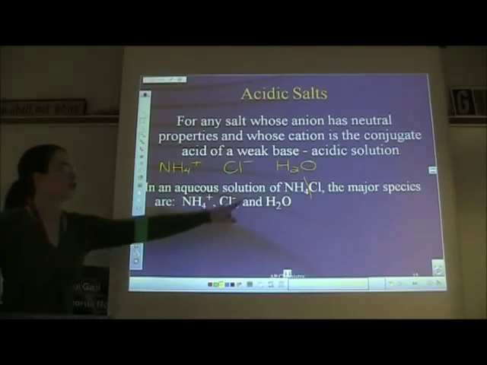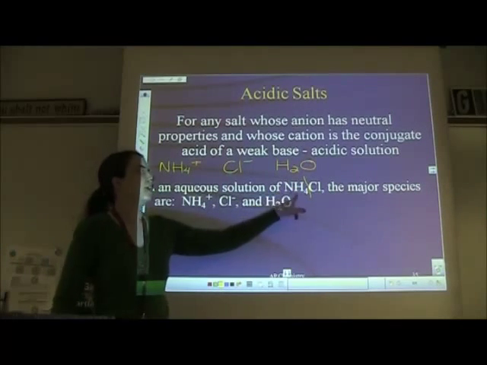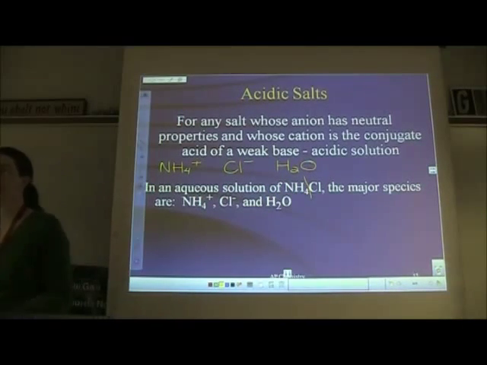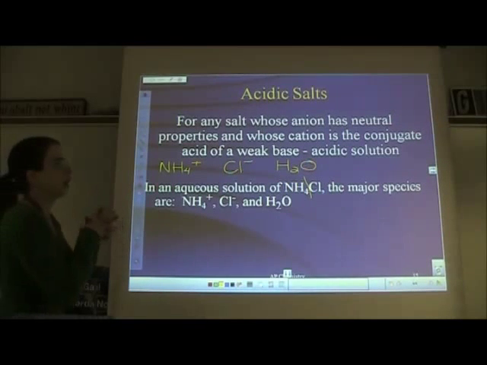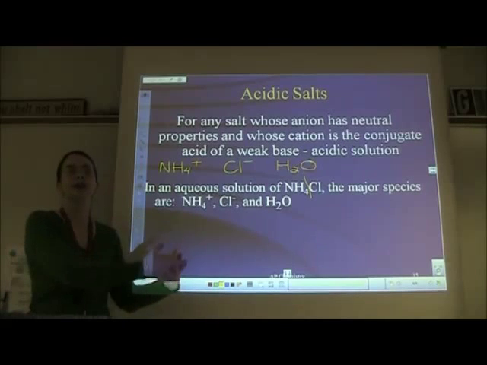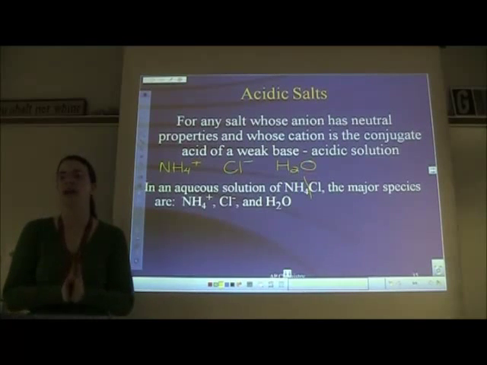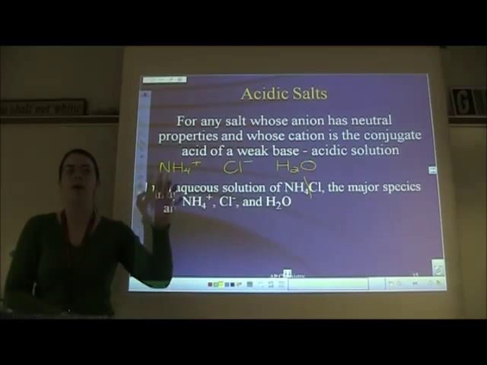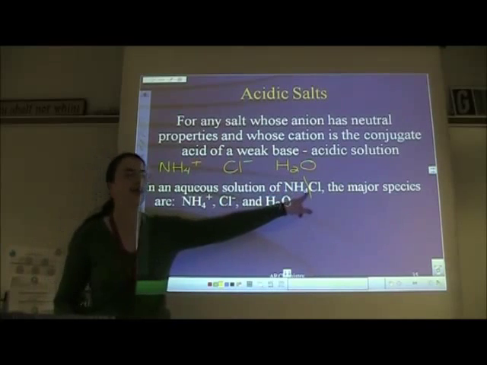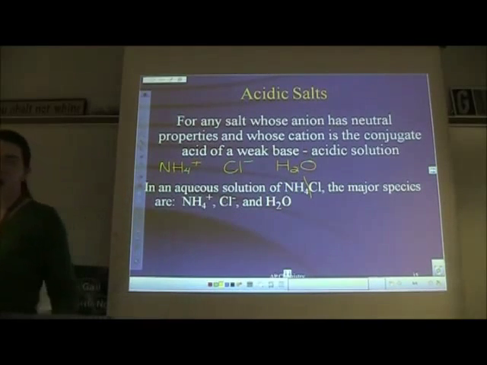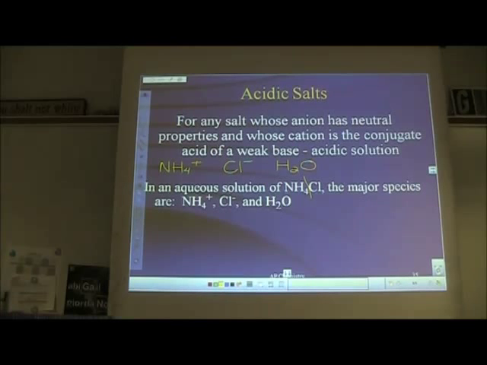Okay? Let's start with the cation. Okay? Cations in a salt can always possibly form some kind of base. Cations form bases. What base do you know that looks kind of like that? NH3, ammonia. Okay? Is ammonia a strong base or a weak base?